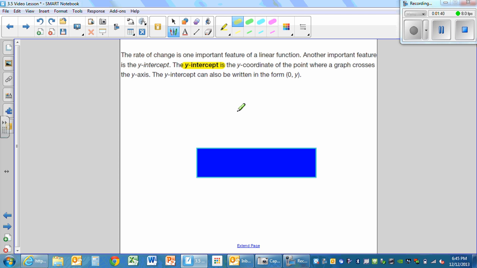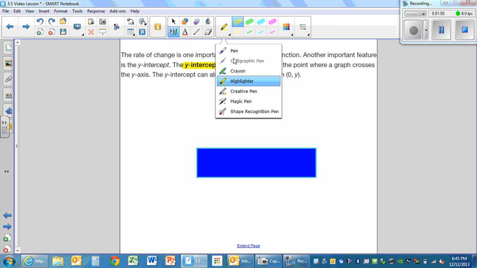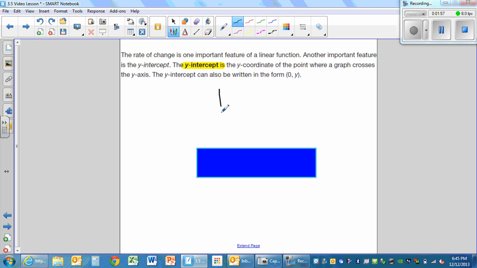So on the graph that you just made, it shows that your line crosses the y-axis at about 60. The y-axis is always on the left-hand side over here, so it's wherever your line crosses this point.